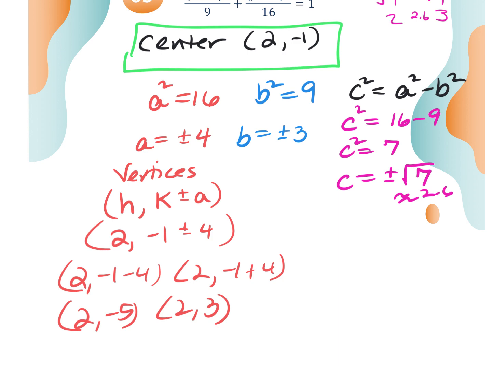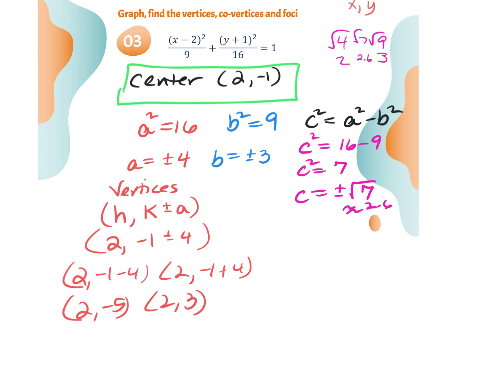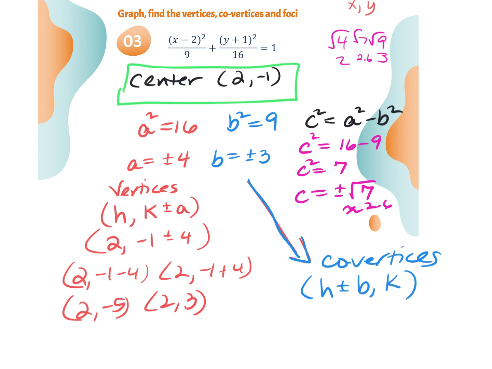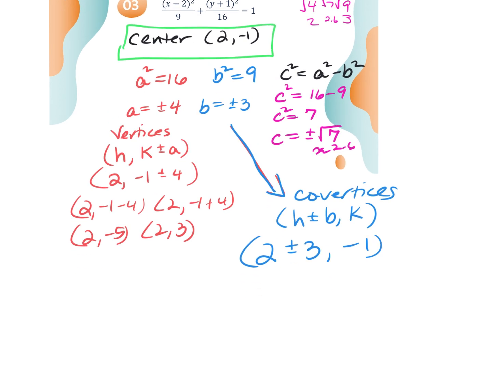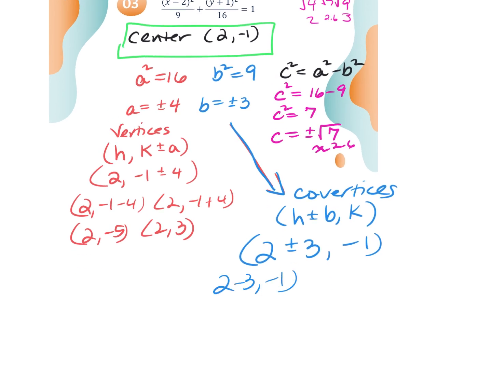For the co-vertices, I'm going to add B to the X, because that's where B was located, under the X. So for the co-vertices, I'm going to take my center point, the H, plus or minus B, comma K. Because my B squared was under X, that's why I'm adding it to the H. So 2 plus or minus 3, comma, negative 1. 2 minus 3, negative 1; 2 plus 3, negative 1.